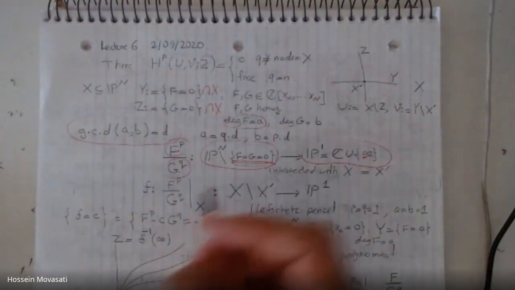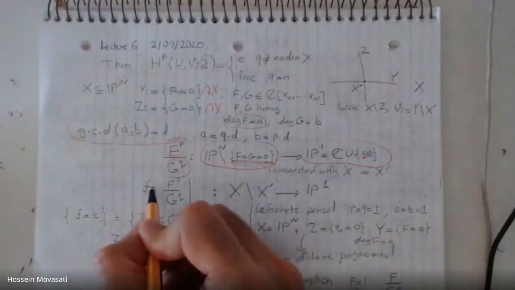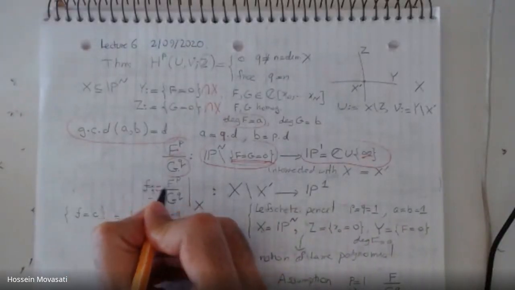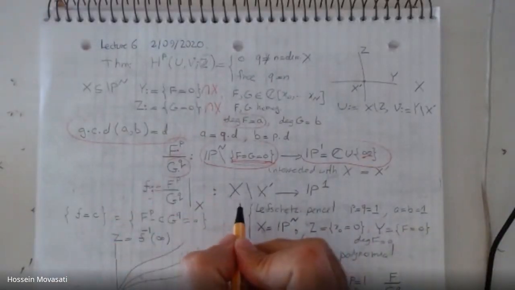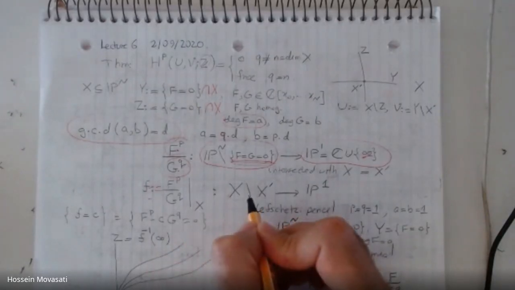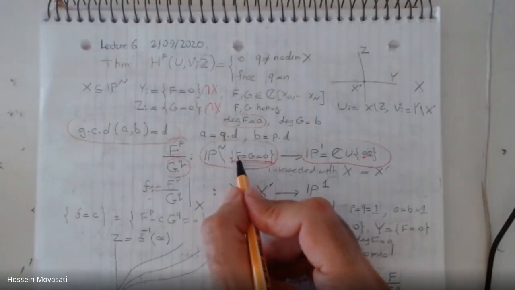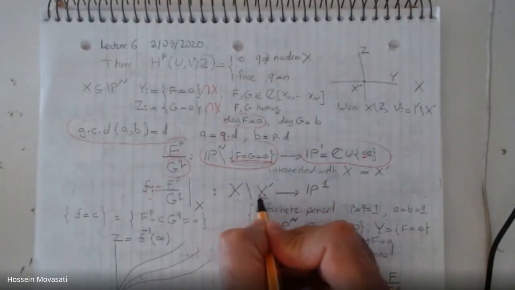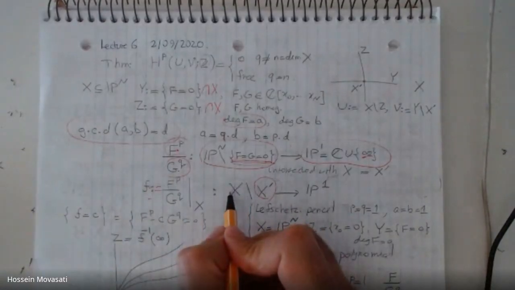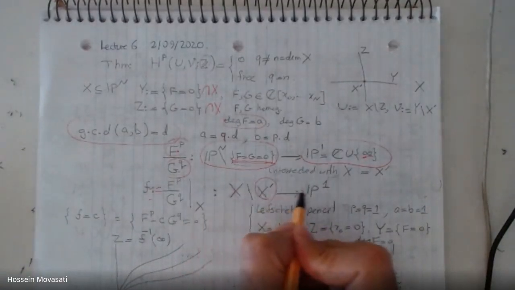So we have to restrict this f, let's say f equal to f^p divided by g^q, to our variety X. So when we restrict it, the indeterminacy points are the same as X prime. And then we will have a holomorphic map from X minus X prime to P1.